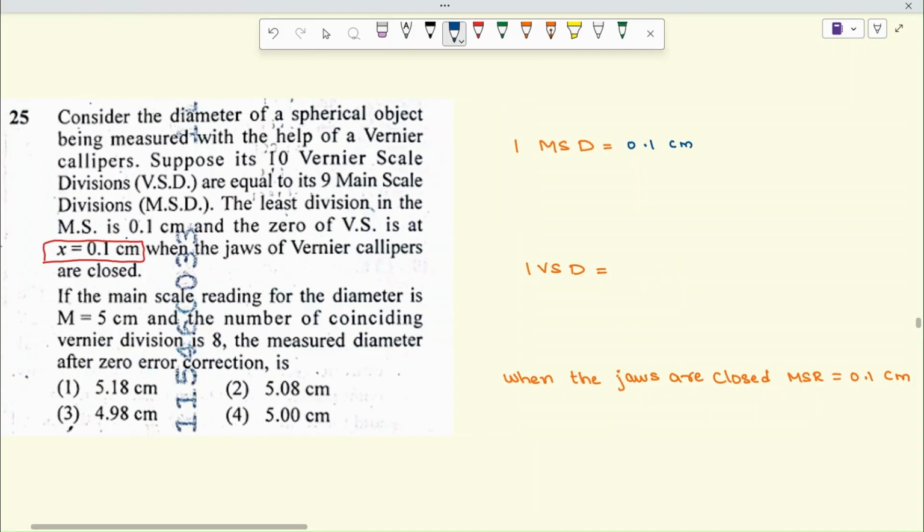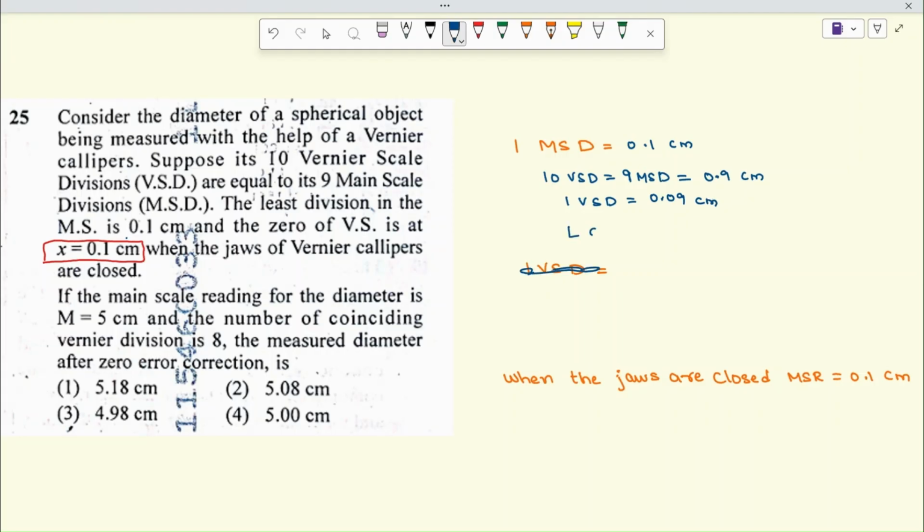And it is mentioned that 10 vernier scale divisions are equal to, sorry, not 1 MSD, 9 MSD. 9 MSD means 0.9 centimeter. So 1 VSD is equal to, divide by 10, it becomes 0.09 centimeter.